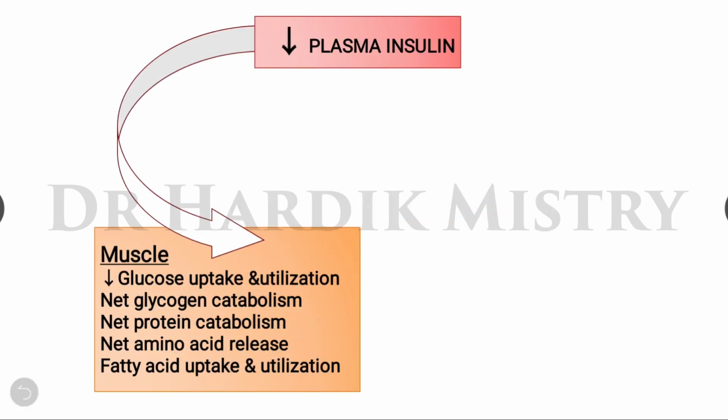Now when the plasma insulin level decreases, in the muscle it decreases glucose uptake and utilization, with net glycogen catabolism, that means breakdown of the glycogen, net protein catabolism, breakdown of the protein, net amino acid release, and fatty acid uptake and utilization. With the presence of insulin, glucose is the main energy source inside the muscle, but without insulin, fatty acid is the source of energy.